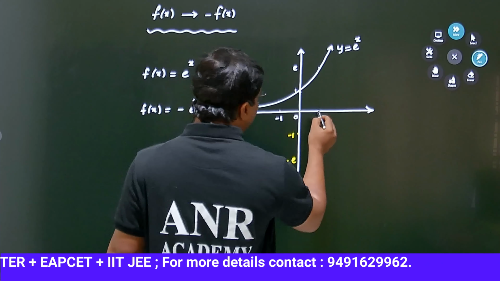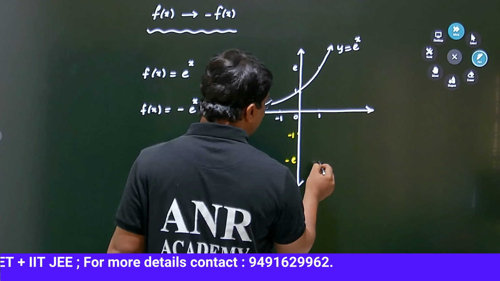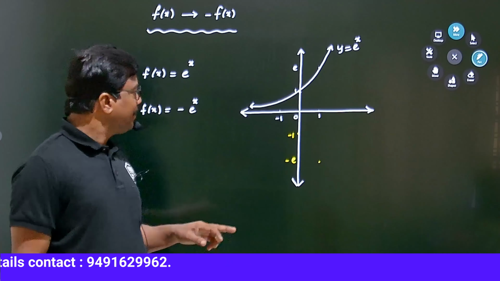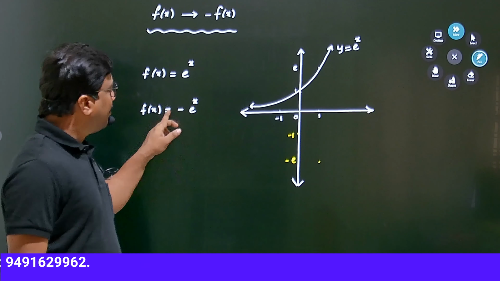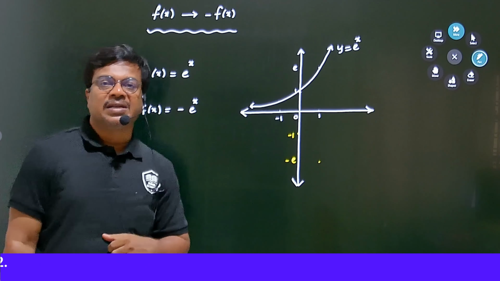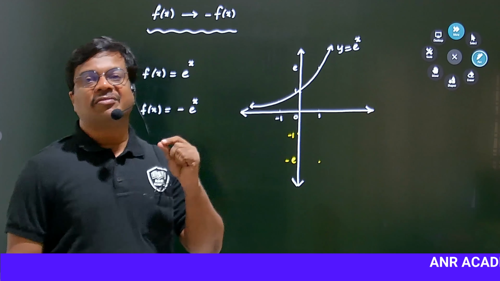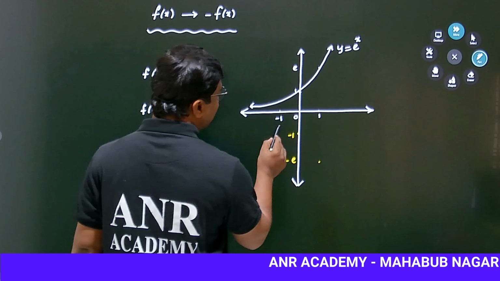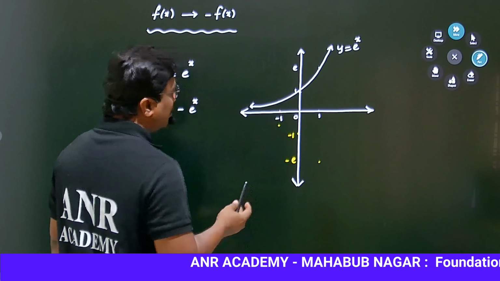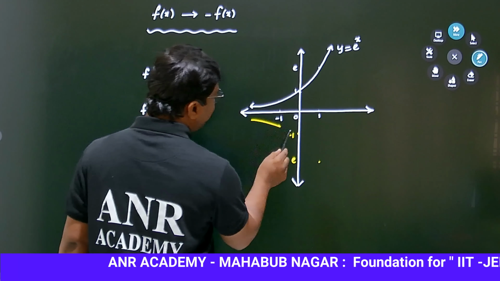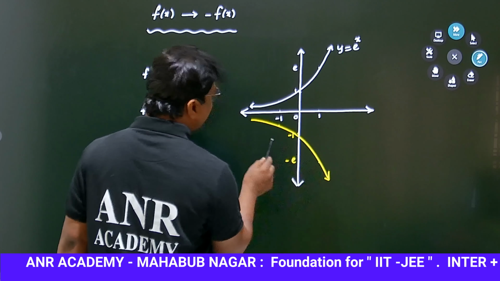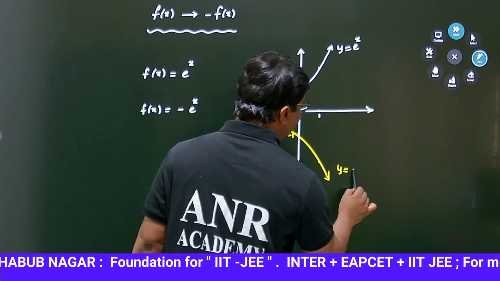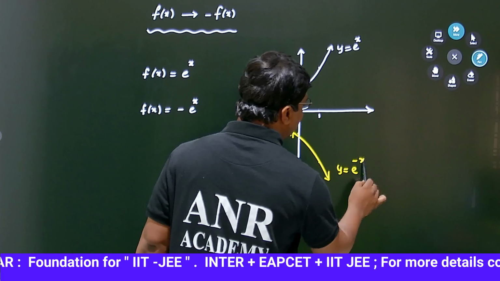So at x equal to 1, the output is minus e here. Next, if you put minus 1 in this, minus of e power minus 1 is nothing but minus of 1 by e, that is greater than minus 1, we get here. Joining all these points, we get the graph in this way. This is the graph of y equal to minus e to the power of x.